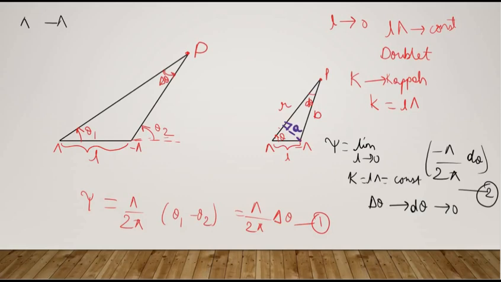For infinitesimal d theta, if we look at this geometry, let us say this is our figure B and this would be our figure A. Referring to the geometry, I can write A is equal to L sine theta and B is equal to R minus L cos theta.